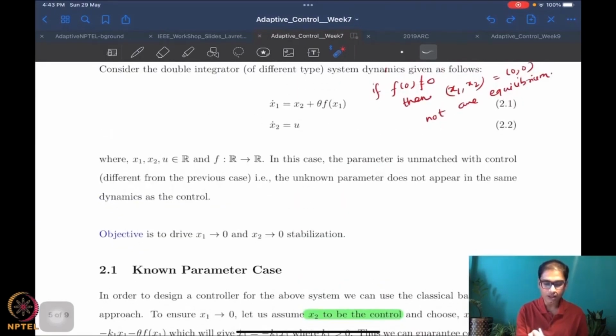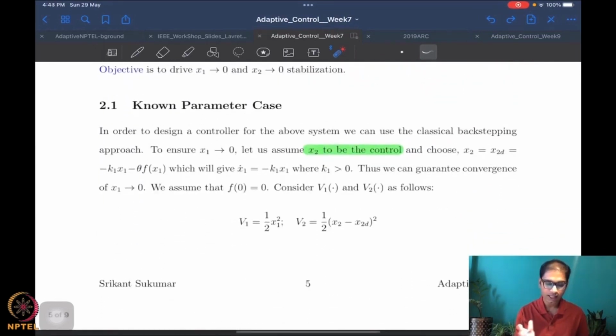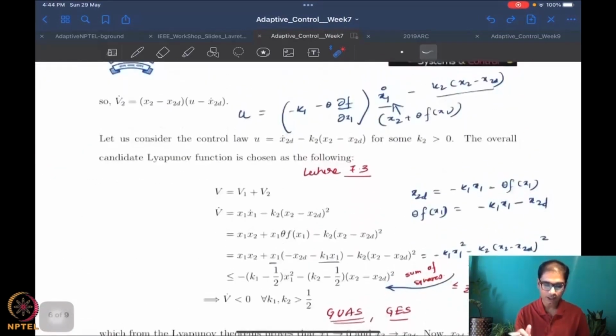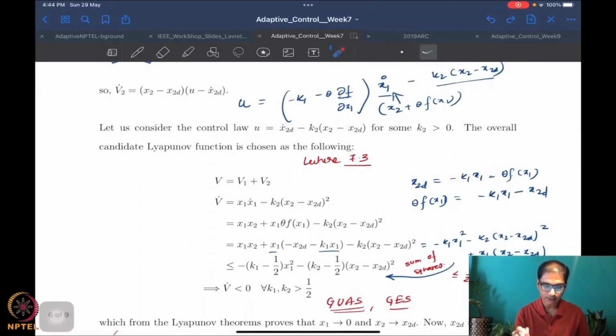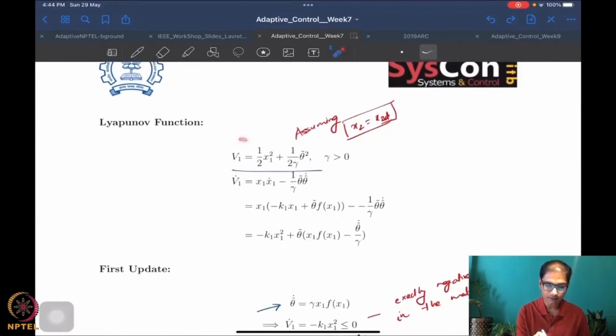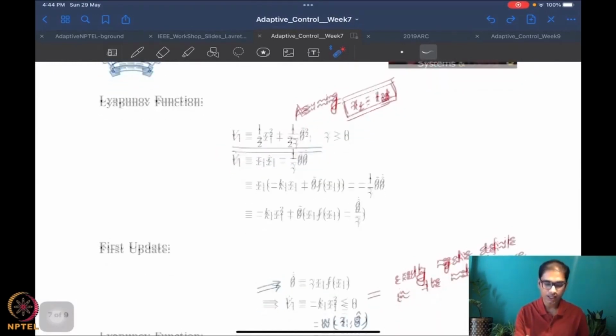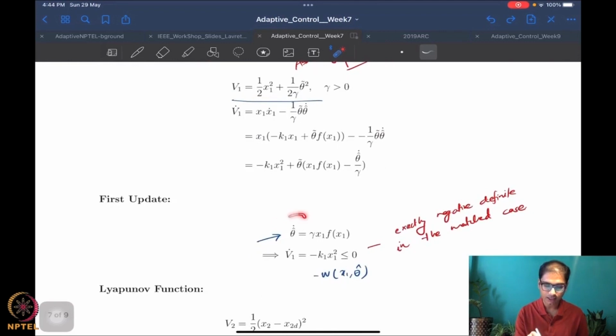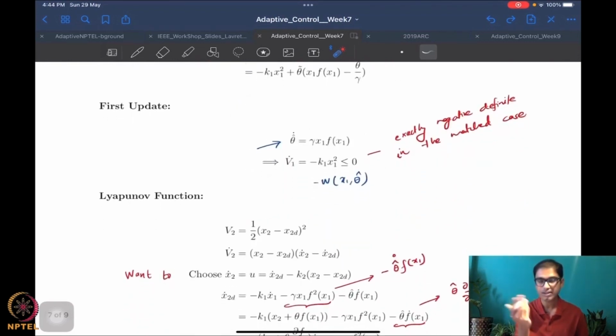This is exactly what we had here. You had this sort of a system, and the assumption was that you had a function v. In this case the function v is something like this v1 function, and the derivative of v1, after taking some theta hat dot, which is essentially the same as having a theta tilde dot, came out to be this quantity, which is the minus w quantity, and we could prove that this goes to 0.